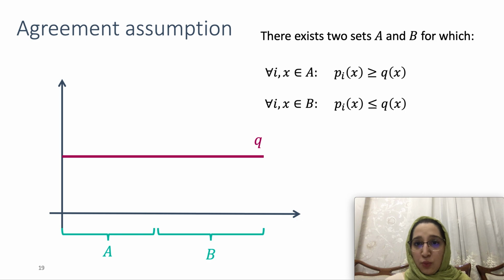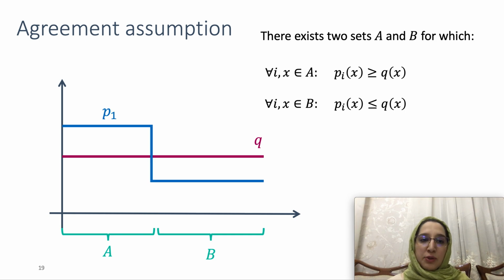So we assume that there are two subsets of the domain. So we can partition the domain into two sets, A and B, such that for the set A, every distribution Pi should assign probability to the elements in A which is higher than the probability that Q assigns to them.